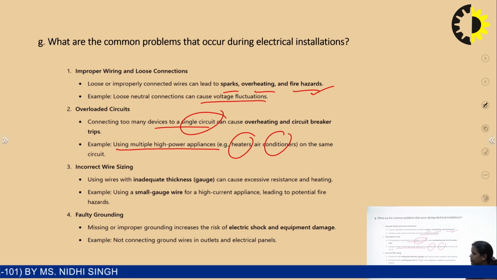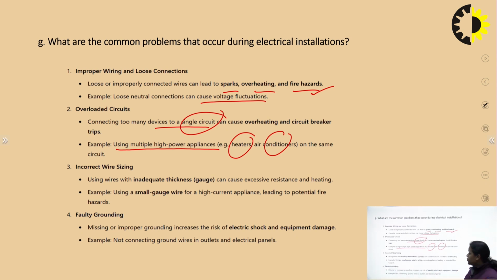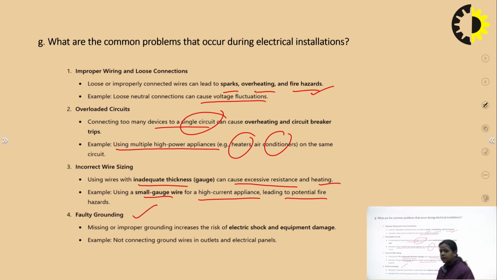Then incorrect wire sizing: using wire with inadequate thickness can cause excessive resistance and heating, for example using a small gauge wire for high current appliances, leading to potential fire hazards. Then faulty grounding: missing or improper grounding increases the risk of electric shock and equipment damage, for example not connecting ground wires in outlets and electrical panel.